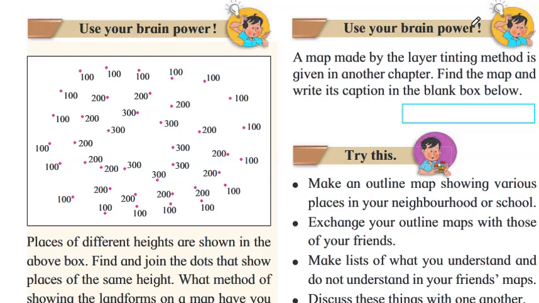Use your brain power. A map made by the layer tinting method is given in another chapter. Find the map and write its caption in the blank box below.